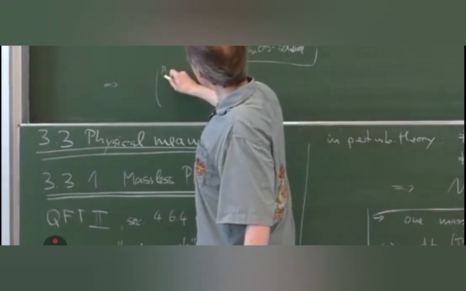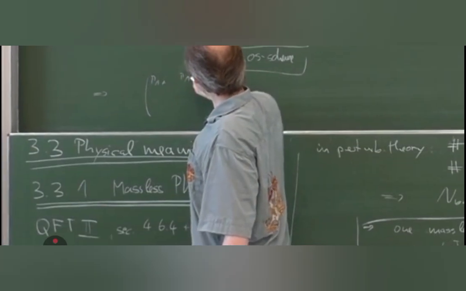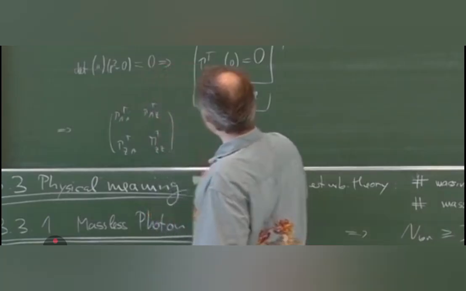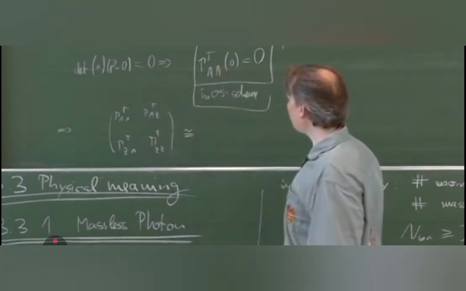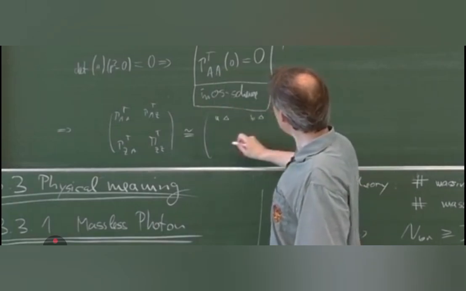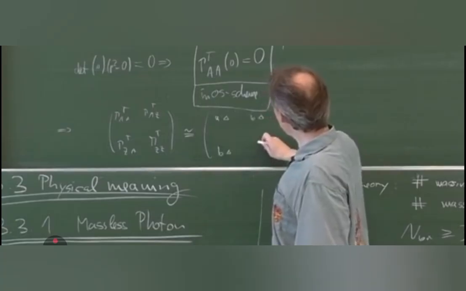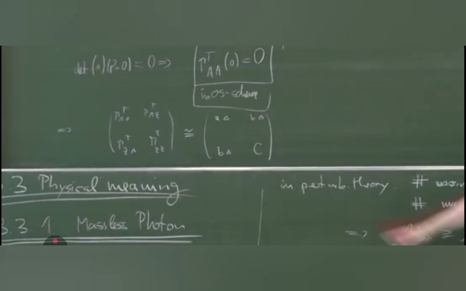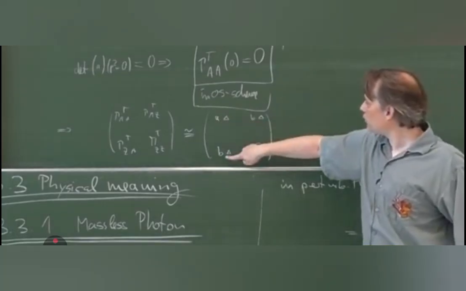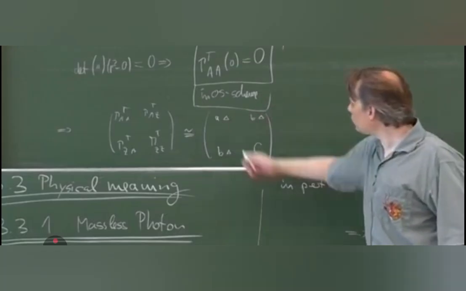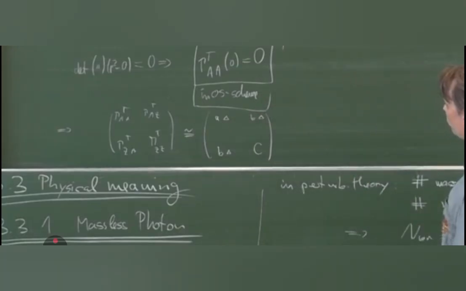This matrix here, gamma AA, gamma AZ, gamma ZA, gamma ZZ transverse, at around p square equals 0 has now the following form: A times delta, B times delta, B times delta, and some non-vanishing constant C. Okay? And so we know that the on-shell condition tells us that all these objects now vanish at 0 momentum. So for small momenta, we have this at first order in p square.